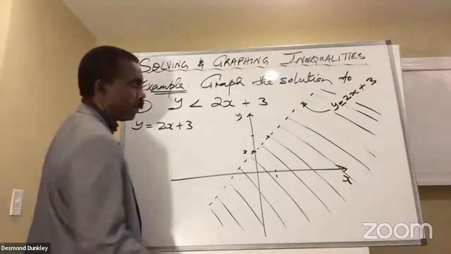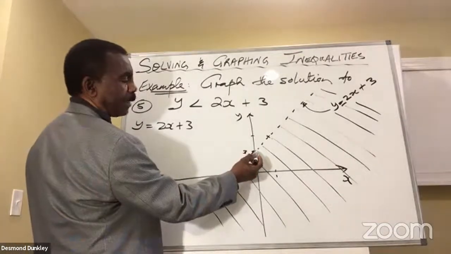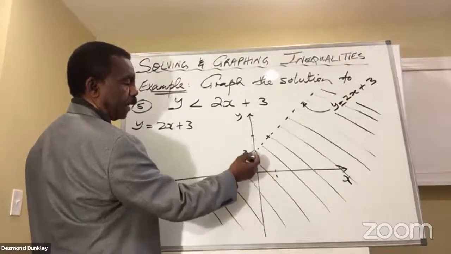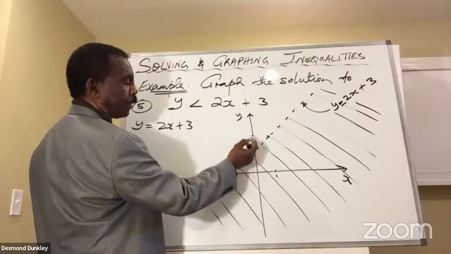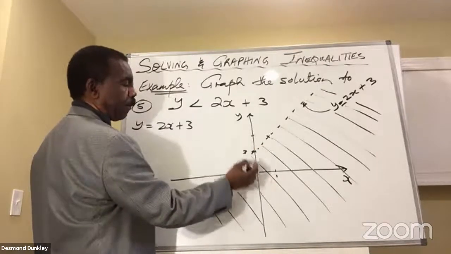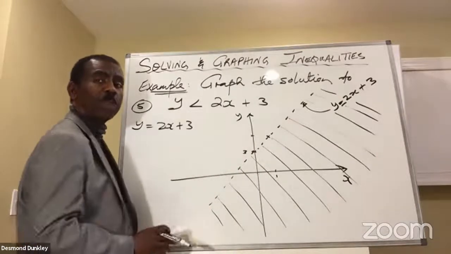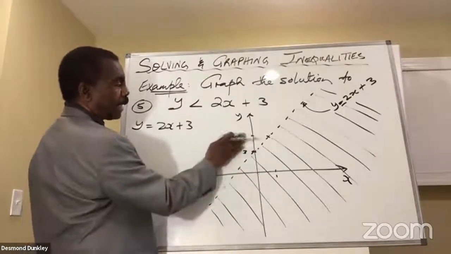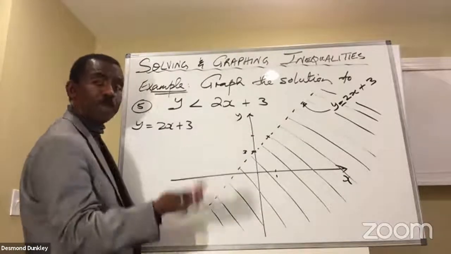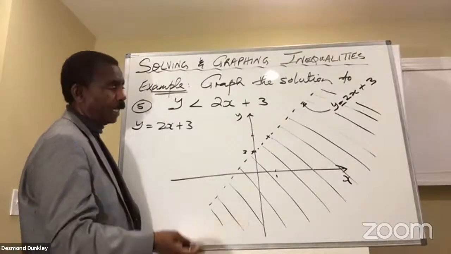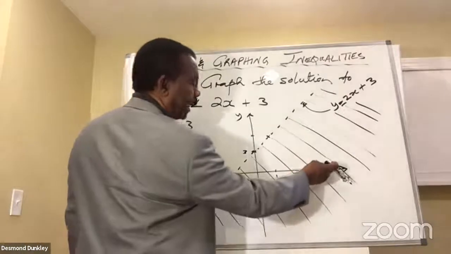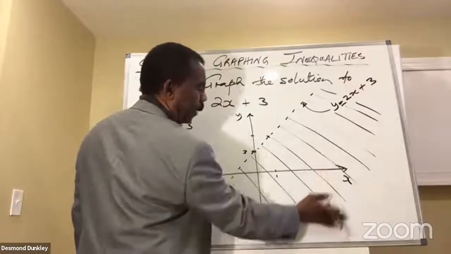For example, the y-intercept is the point 0, 3. So I guarantee if I try a point, say 0, 5, that's in the clear area, it should fail. Any point that's above this dotted line should fail.